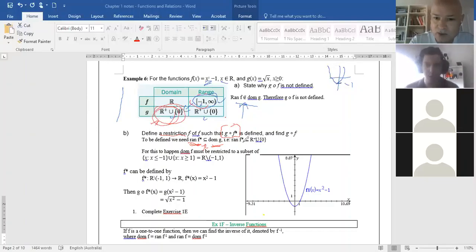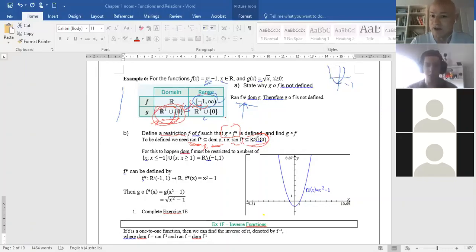So we can restrict the range of F to be the same as reals positive including 0, which is the domain of G. So now it's a subset. Even though it's exactly the same, it's a subset. Does that make sense to you guys? So instead of making it from -1 to infinity, where it's too big, we can make it the same as this. And now it's a subset.